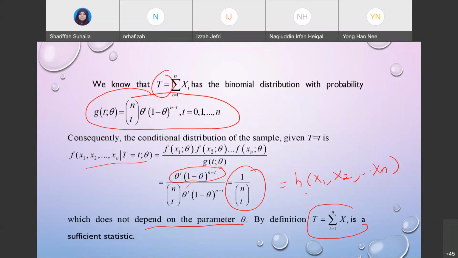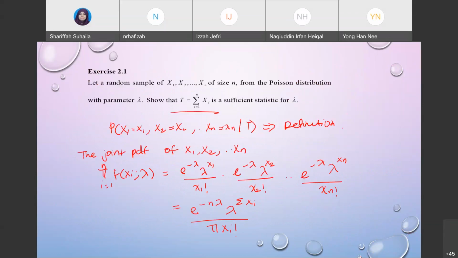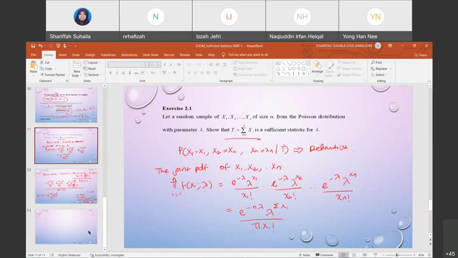Okay, tapi kita juga ada approach dia which is we use the theorem. Okay, a simple way how we can get the sufficient statistic. Ini kaedah yang panjang, okay, cara yang panjang di mana kita gunakan kaedah conditional probability function before we came out with a theorem. Okay, so ini untuk Poisson distribution sama juga kaedah dia macam untuk binomial distribution tadi.